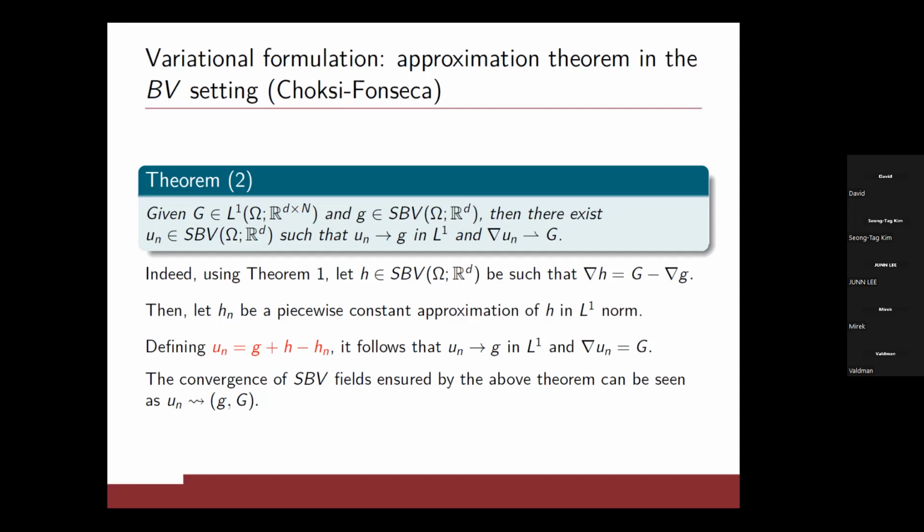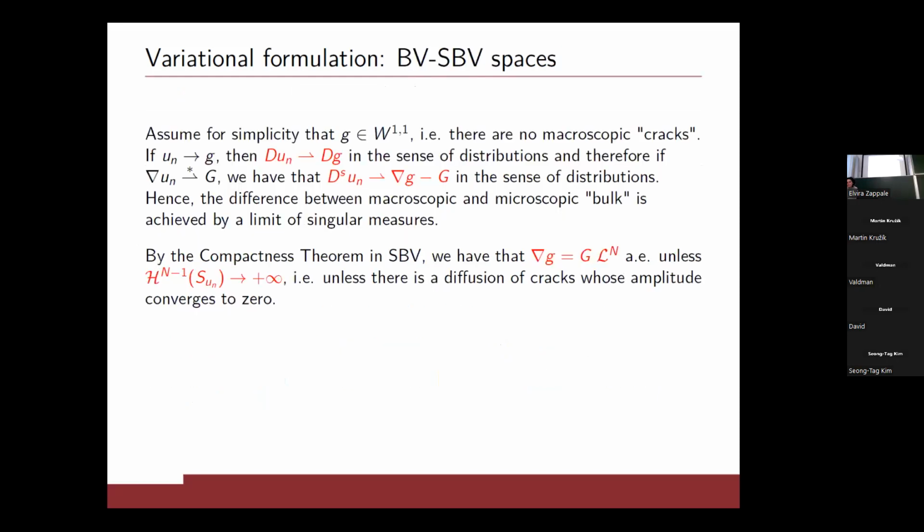And what you can prove is that u_n converges weakly in L1 to little g, and the absolutely continuous part of the gradient of u_n goes to capital G. The idea is that you fix your L1 field capital G and nabla g, and you find by Alberti's theorem a field H whose absolutely continuous part of the gradient is indeed this difference. And then you take a piecewise constant approximation of this H, and then you can see that you have the convergence that you want. So the theory already has a good correspondence in this variational formulation.